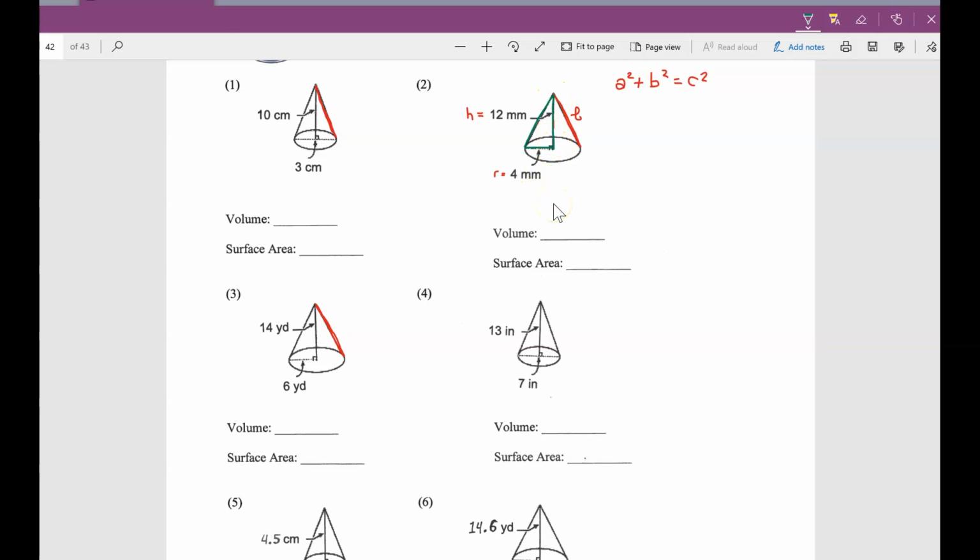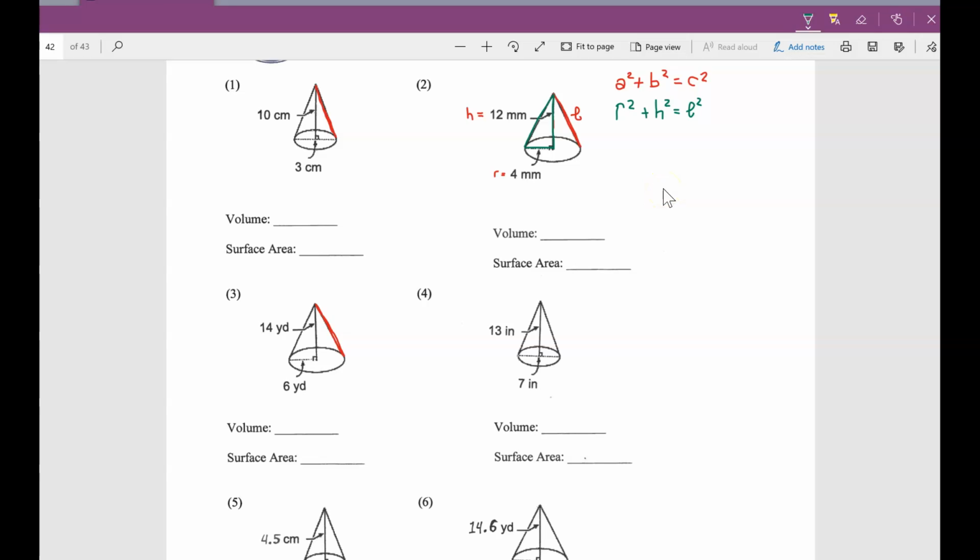See how that green forms a perfect right triangle where what we have been calling A in our previous Pythagorean theorem problems is your height, and what we've been calling B is our radius, and then C is the slant from the floor to the peak along the slanted diagonal surface. So another way that we can think about this when it comes to cones is radius squared plus height squared equals your slant squared.